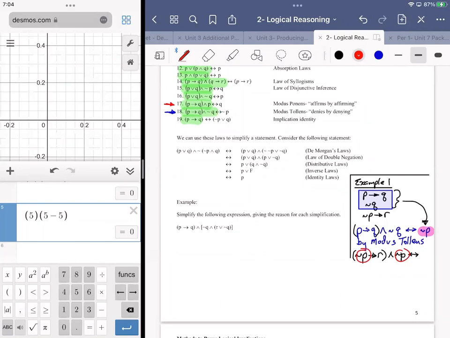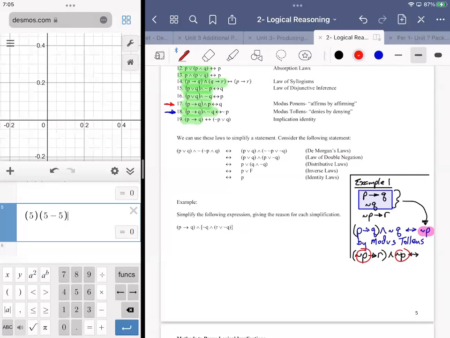All right. So this is what we call modus ponens. It's affirmed by affirming. Right? If I tell you, if you don't do your homework, then you are grounded. And then I just found out that you didn't do your homework. Then that means you're grounded. Right?